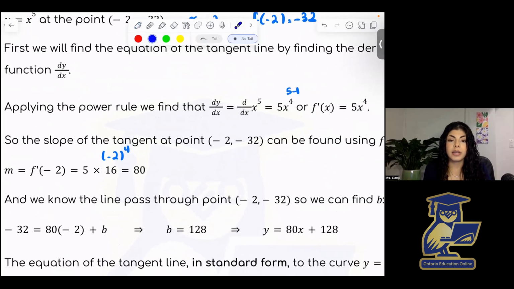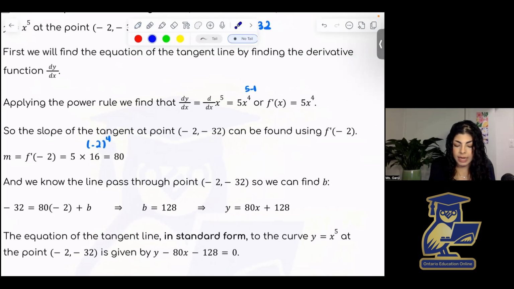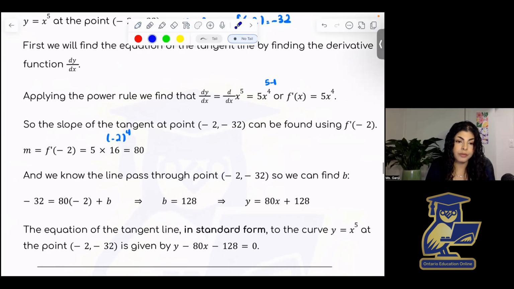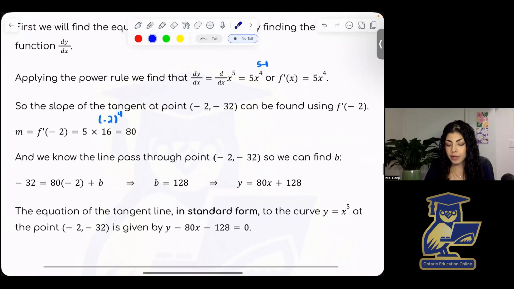And now we're just finding the equation of a linear line. So we have our slope is 80, we have the point, and all we have to do is find b. So y is equal to m times x plus b, and we get that b is 128. So the linear equation of the tangent is y equals 80x plus 128.